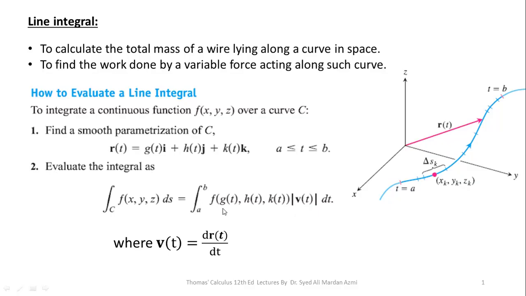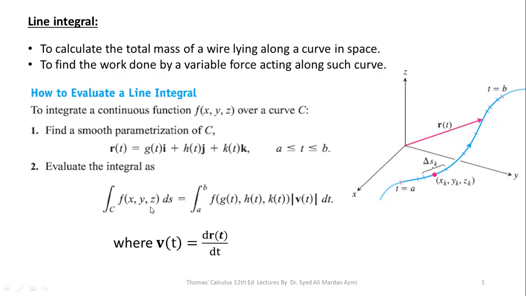To calculate this, we have converted our function into a function of t. Here g of t is the value of x, h of t is the value of y, and k of t is the value of z in terms of t.